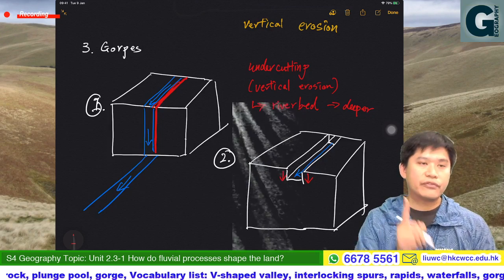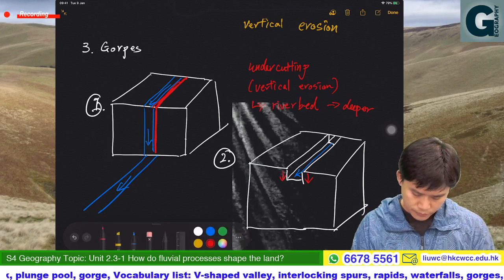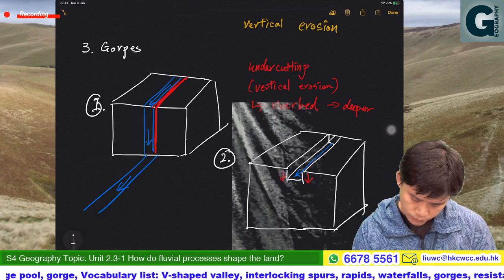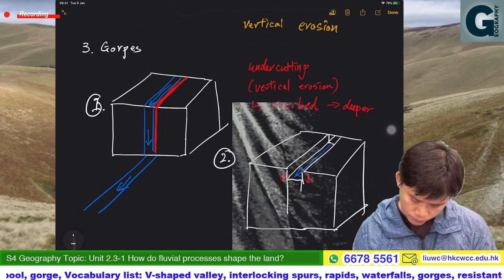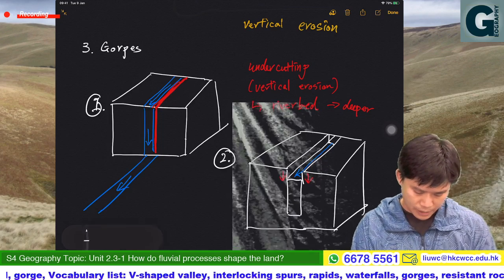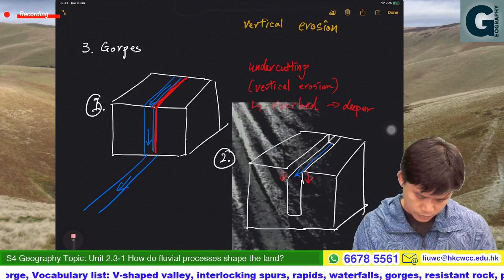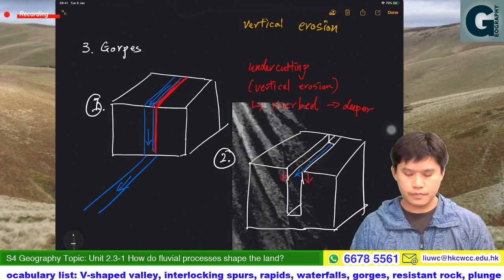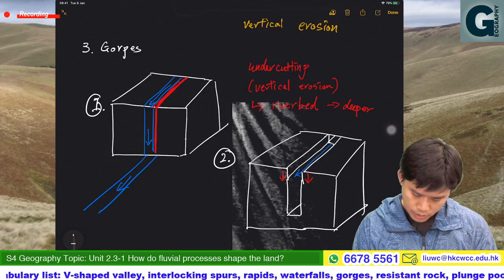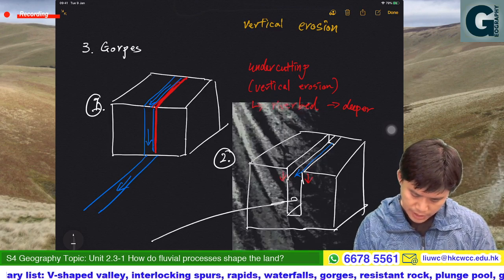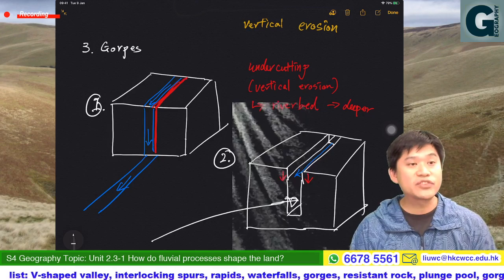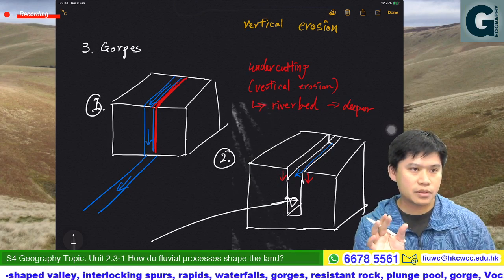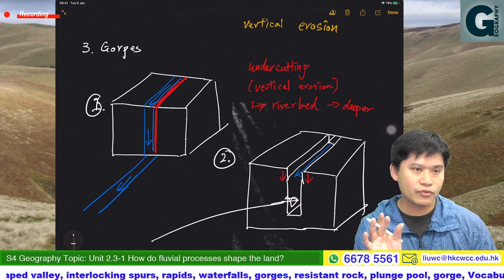If this process continues, this area will become deeper. This area will become deeper. And the area between both sides, we would call a narrow, steep, and deep valley.